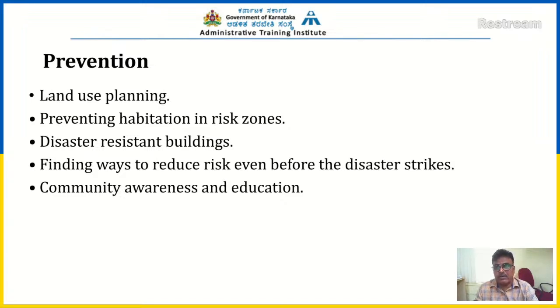Don't encroach on the natural water tanks, bunds, etc., so that you are preventing future disasters. Now, Bangalore, Chennai, or even Delhi and Mumbai, why are they facing floods every year? It is because they have not followed proper land use planning. Maybe encroachment might have happened. That is the reason.